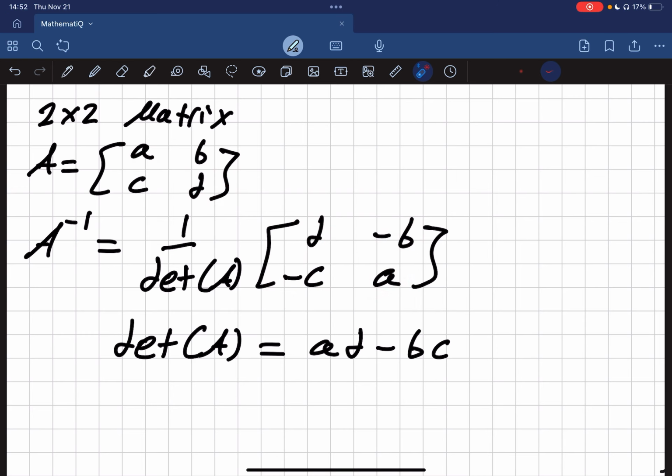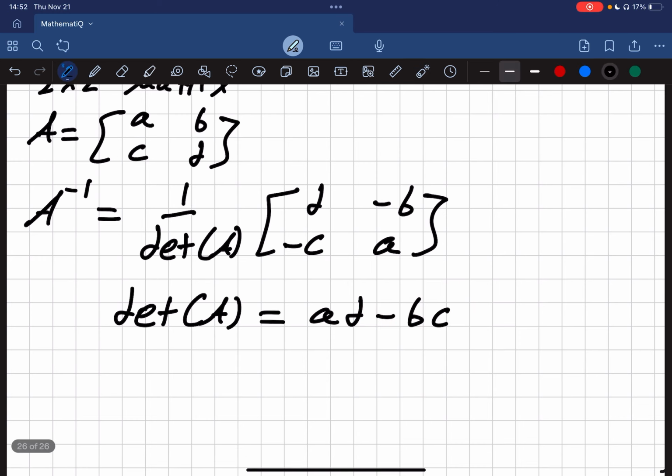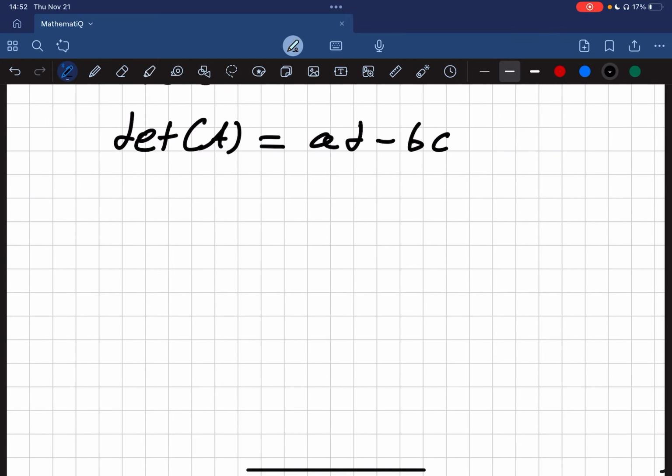That's all you do. And then you multiply the entire matrix by the scalar 1 over the determinant, where the determinant is calculated as a multiplied by d minus b multiplied by c. That is it.